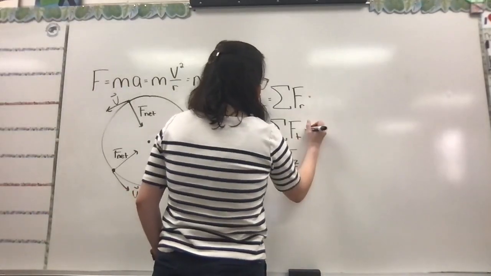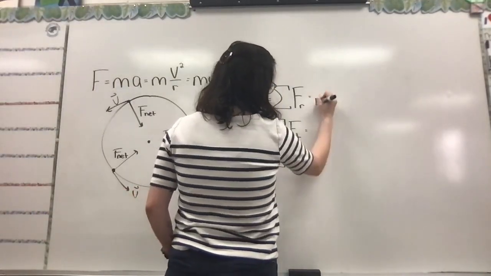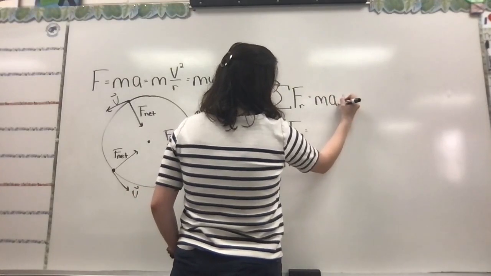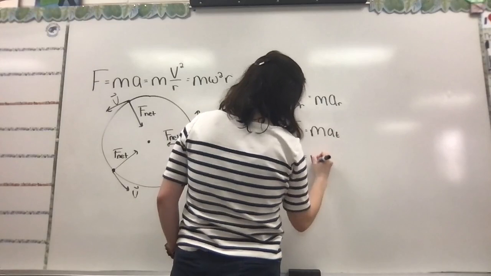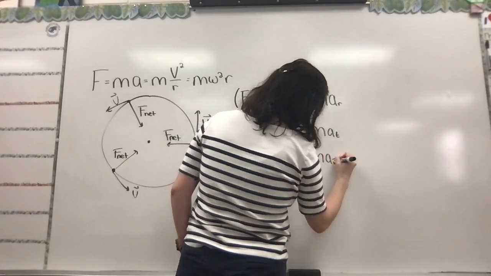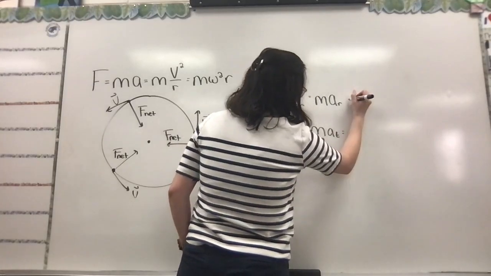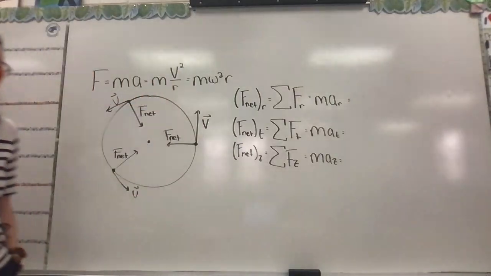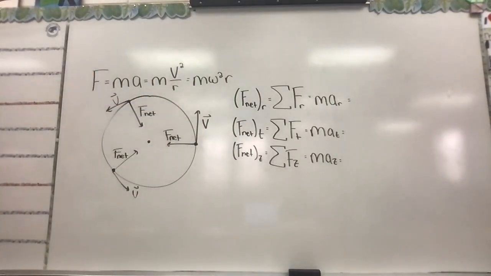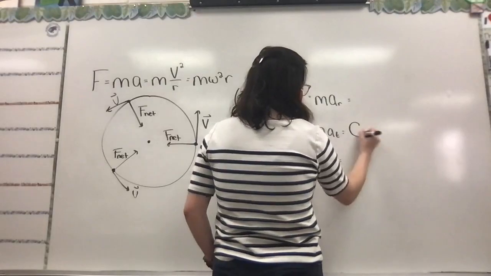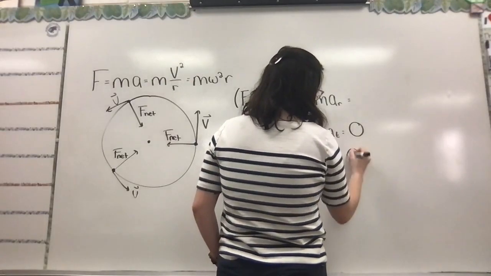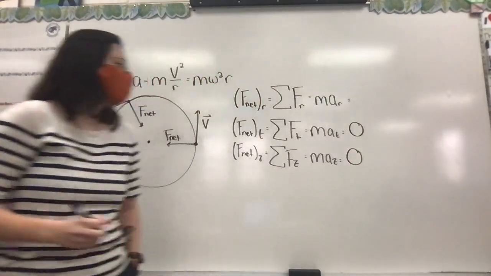Now, we also know that F equals MA. So it would be M a_R, M a_T, and M a_Z. And looking at this, are a few things up there going to be equal to 0? Yeah. What's going to be equal to 0? F net T is 0, and F net Z is 0. And what about F net R?